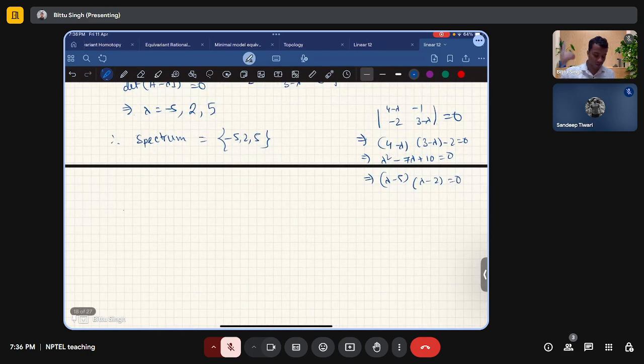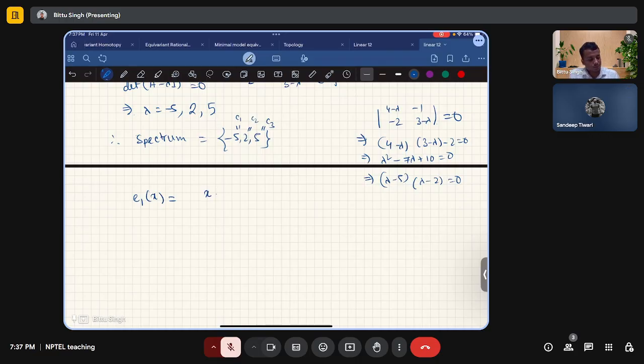And now we need to find capital U1. So let us recall what is U1 x. U1 x minus. So this is C1, this is our C2, this is our C3, those three eigenvalues.